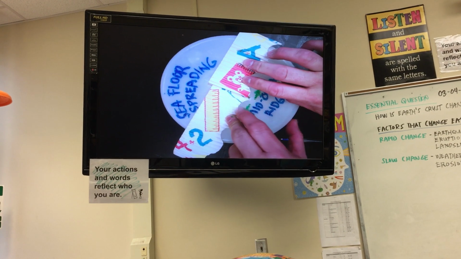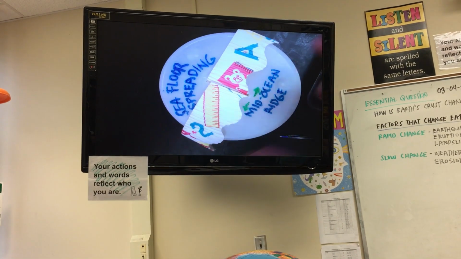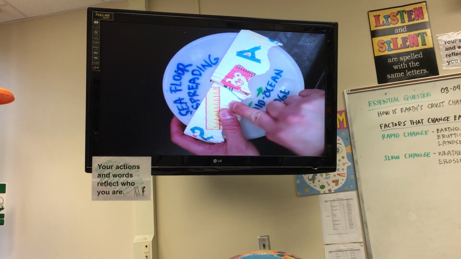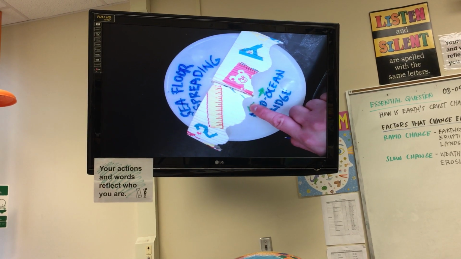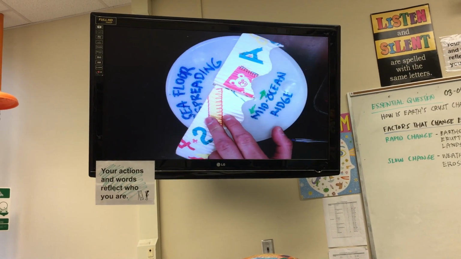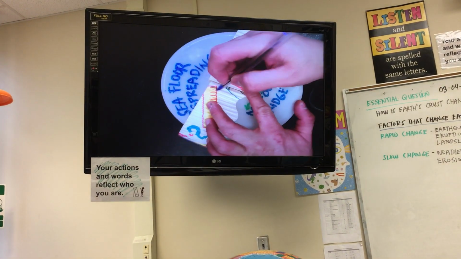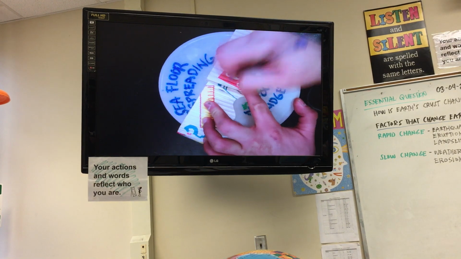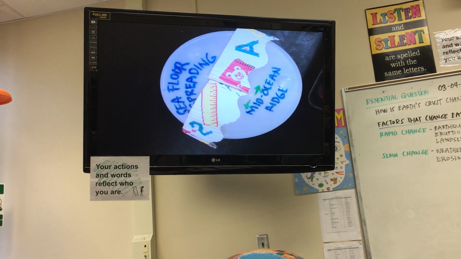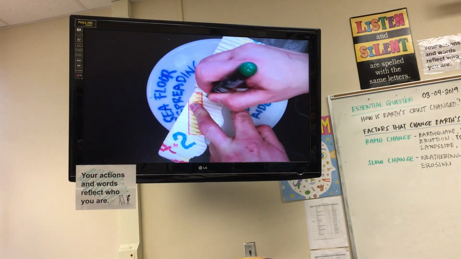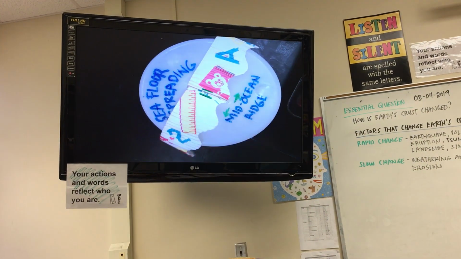As the seafloor spreading happens, which is a divergent boundary, this plate moves to the left, this plate moves to the right. The youngest rocks are here. I will be marking this. There it is. Or probably I'll be using the marker right here. So these are the youngest rocks.